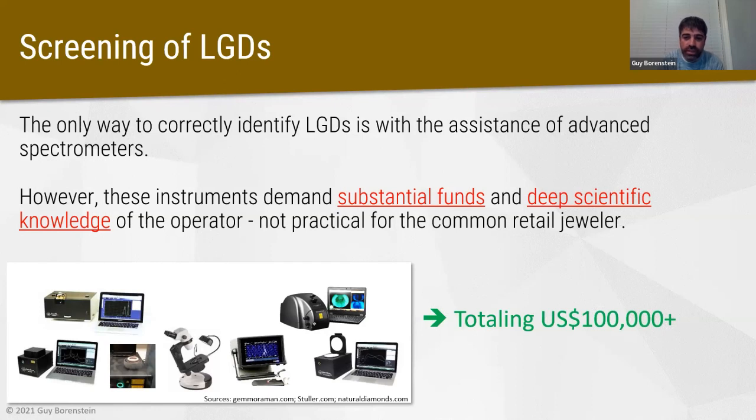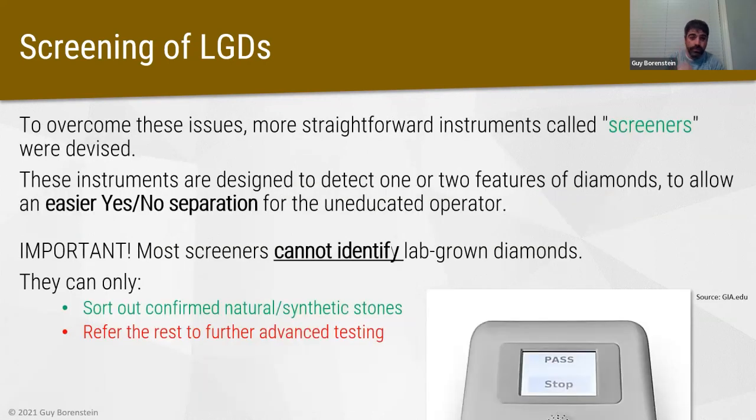Of course, most retail jewelers and independent gemologists do not have these funds or this knowledge. So for these cases, we have a different solution, called diamond screeners. Sometimes they are also called DVIs.